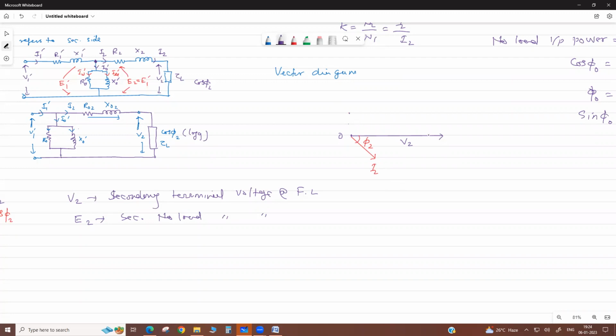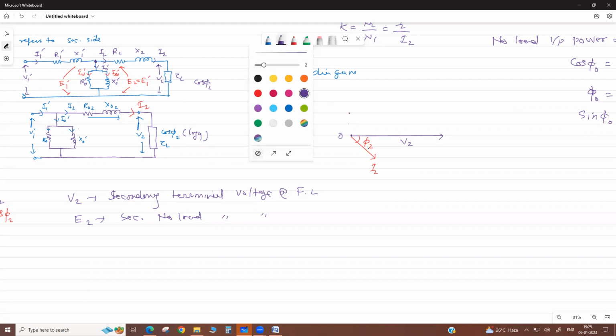Please see, this is your secondary terminal voltage, and this is the secondary load current I2. It lags because the power factor is lagging. Now, why is V2 changed from E2? Due to the voltage drop in resistance and reactance. The voltage drop in a resistance and the current are always in phase.